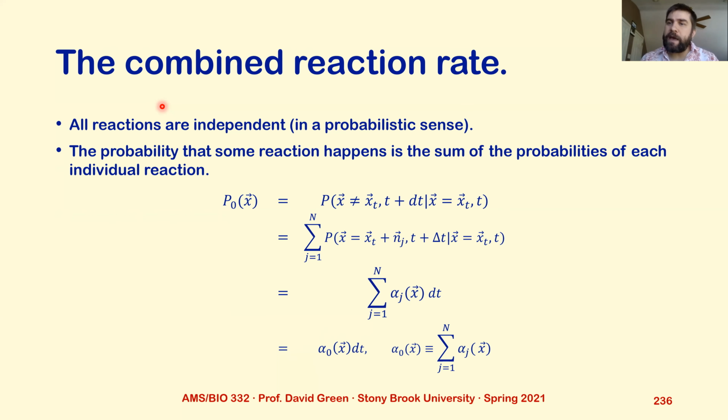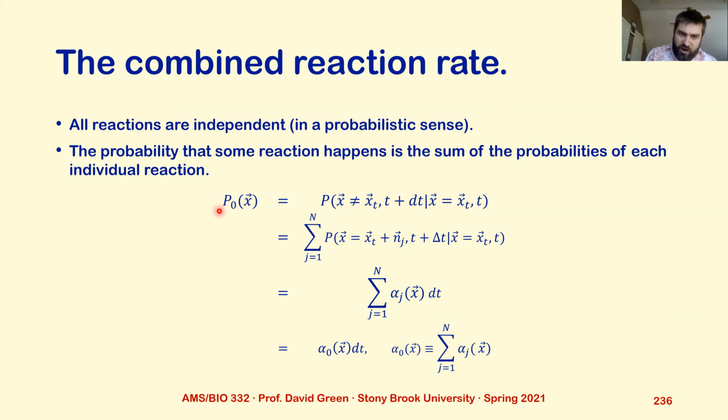Well, if everything is independent, they're also sort of exclusive in an infinitesimal sense. If we think about a very, very small amount of time, only one thing can happen. And if only one thing can happen, then the probability that something happens is simply the sum of the probabilities of each of those individual reactions.